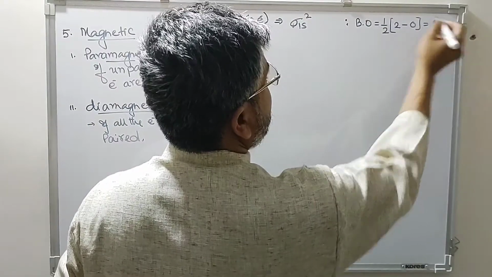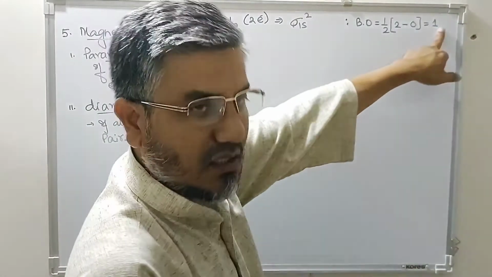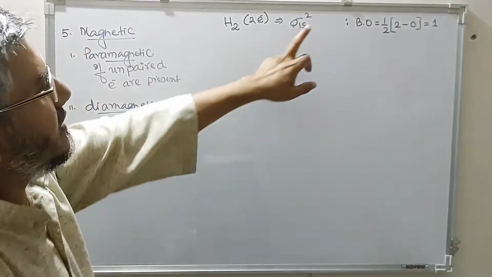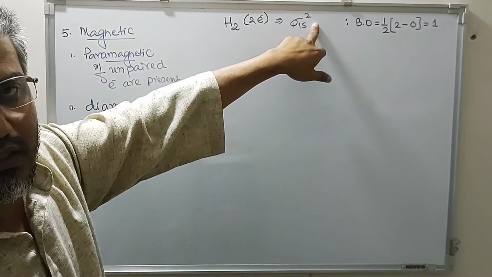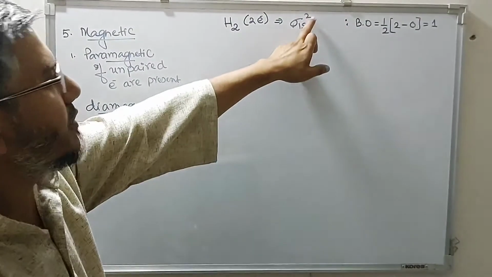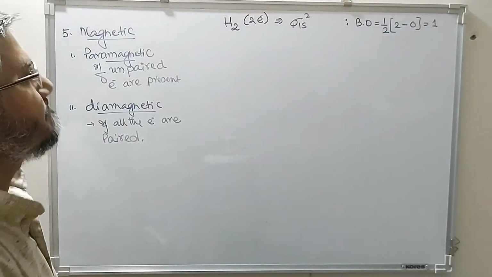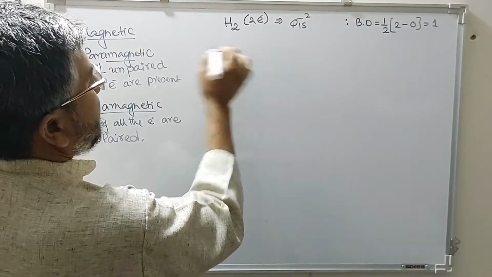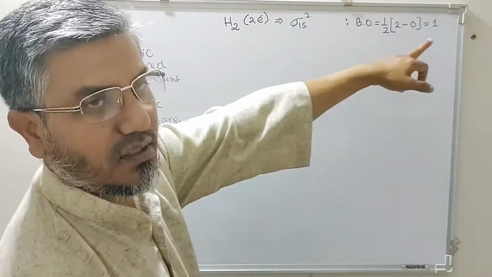So bond order is 1, a single bond between the two hydrogens. Since there is no unpaired electron, hydrogen is diamagnetic, because both electrons are paired up according to Pauli's rule. This molecule can exist because there is an actual chemical bond.